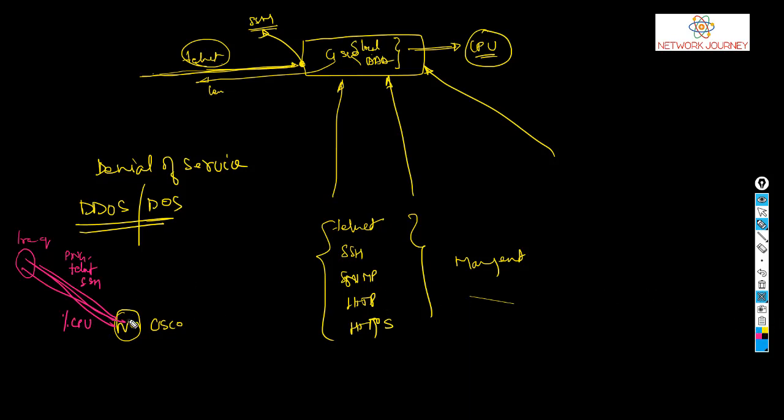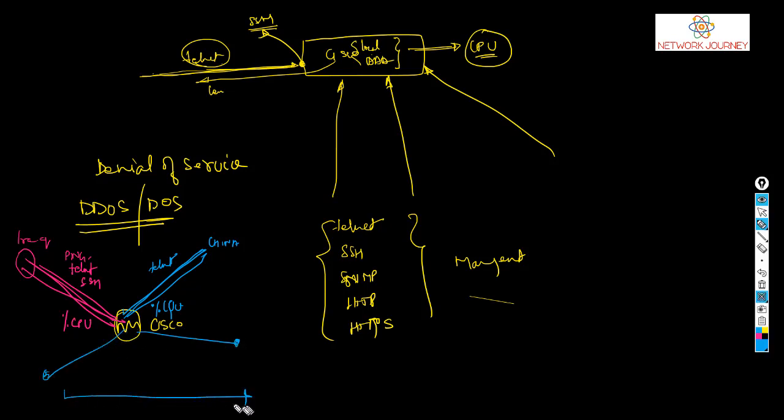Now let's say you have a few more hits coming from China. Let's say there is a group of hackers in China, and they are also using telnet traffic to just put this device down, because the CPU is getting utilized and the Cisco box is trying to answer each and every request. Similarly, traffic can come from a different location.